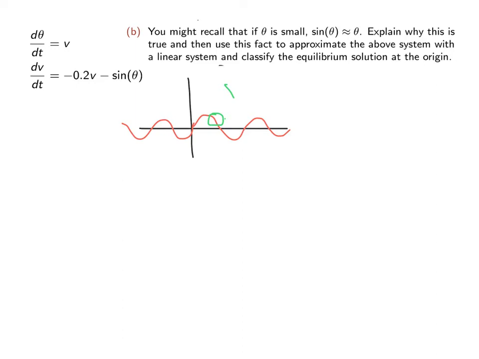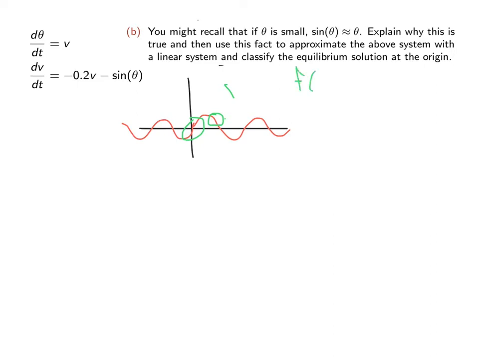Here we are, and let's say we're interested in the behavior of this pendulum when theta is equal to 0, if theta is small. If we were to zoom in on the graph over here, we can find its formula by finding the derivative.